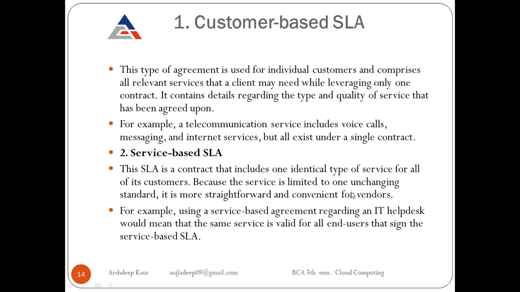Because the service is limited to one unchanging standard, it is more straightforward and convenient for the vendors. For example, using a service-based agreement regarding an IT help desk would mean that the same service is valid for all end users that sign the service-based SLA. No matter if 100 customers, 1 lakh customers, or 10 customers are there, service for all the customers is the same.